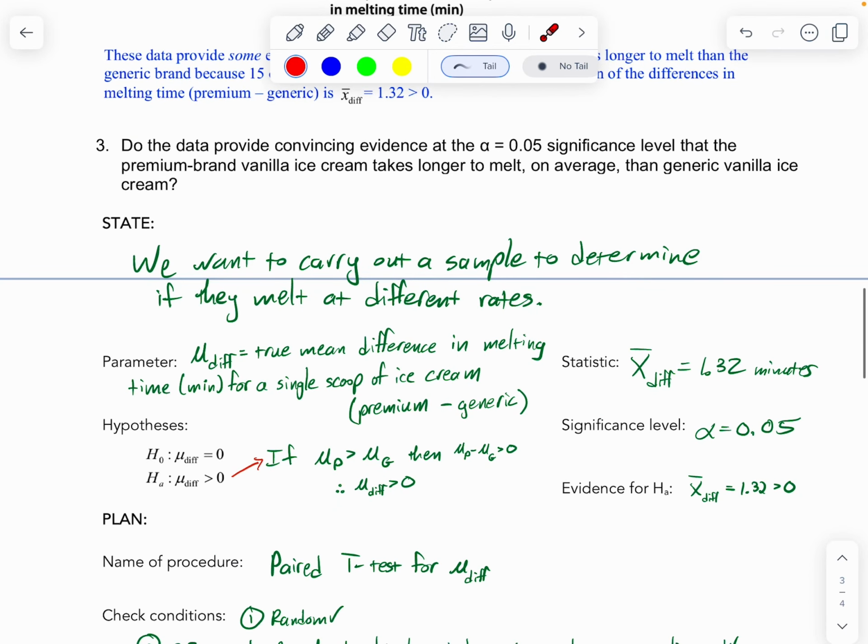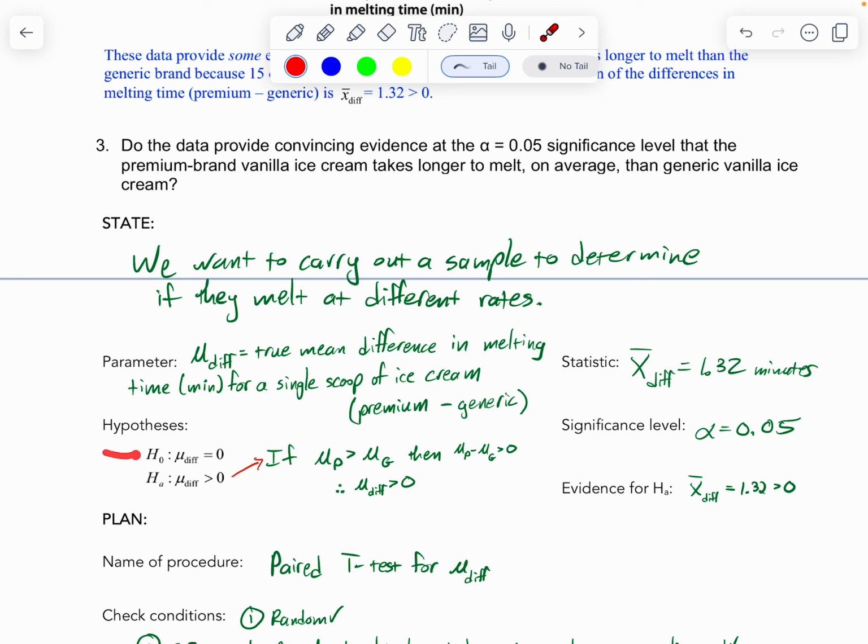And then we're going to do the whole test, okay? Statement, we want to carry out a sample to determine if they melt at different rates. The parameter we've kind of addressed, but here it is again. It is mu difference, just like with the climate change. This is the true mean difference in the melting time for a single scoop of ice cream, again, premium minus generic. Make sure you have the order correct.